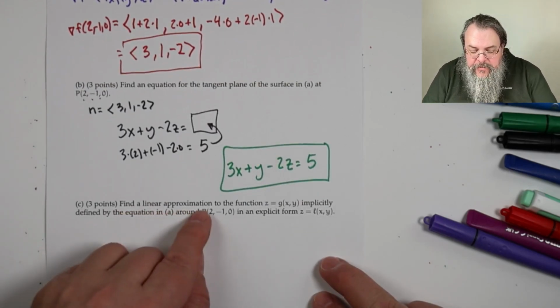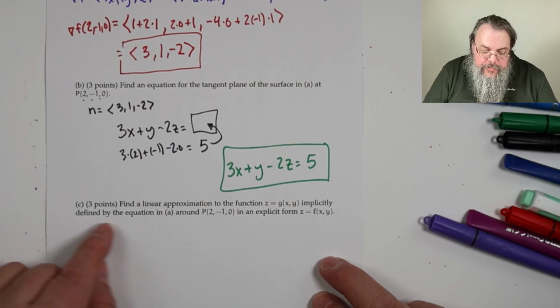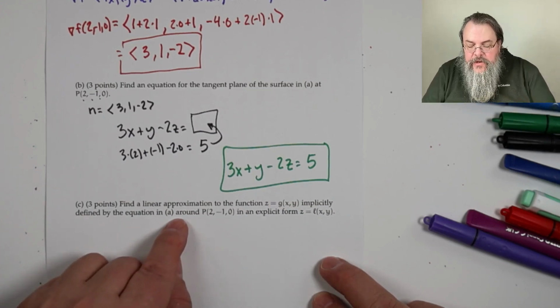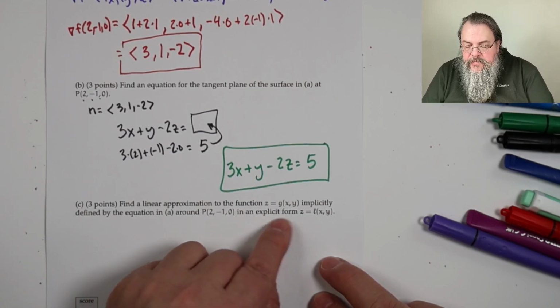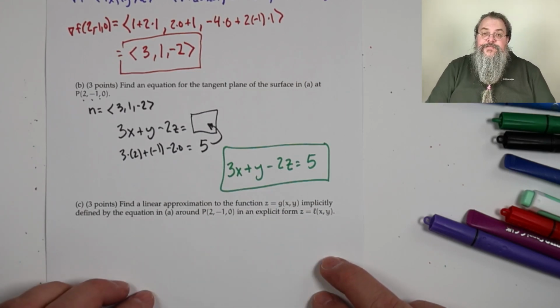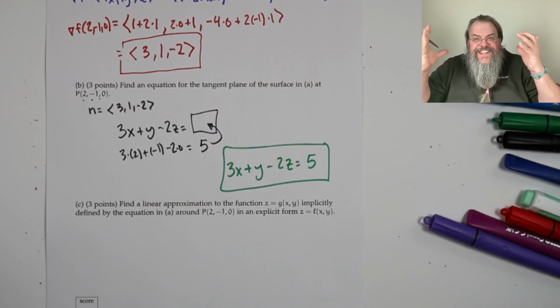Find a linear approximation to the function z = g(x, y) implicitly defined by the equations in A around the point (2, -1, 0) in an explicit form z = L(x, y). Okay, now, it's like, what?